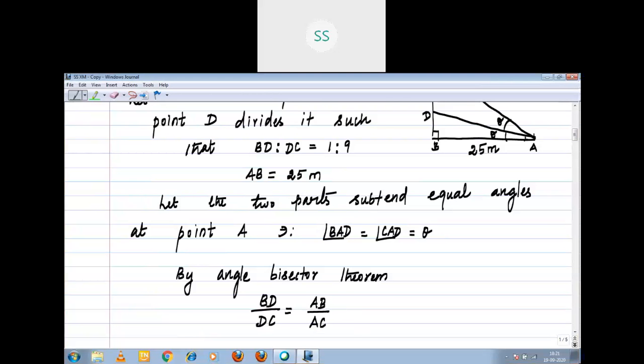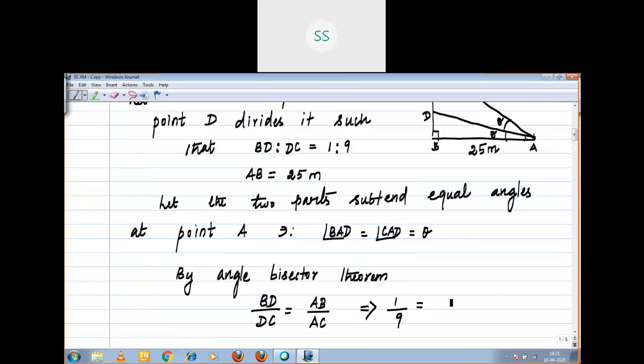What is the angle bisector theorem? Anyone? Yeah. The internal bisector of an angle of a triangle divides the opposite side internally in the ratio of the corresponding sides containing the angle. Right? That you know very well, right?